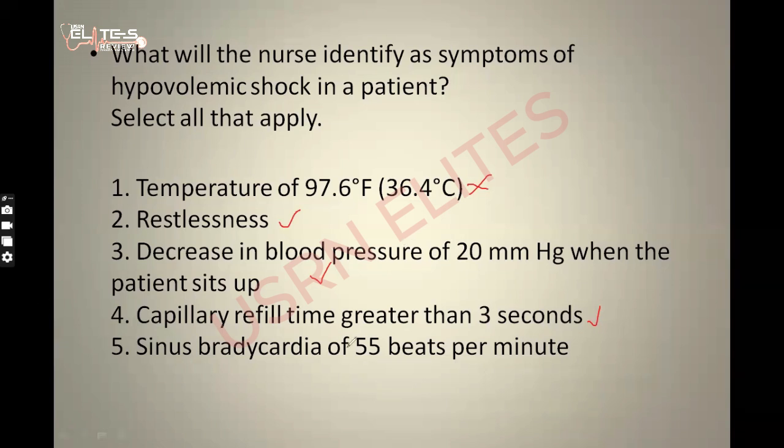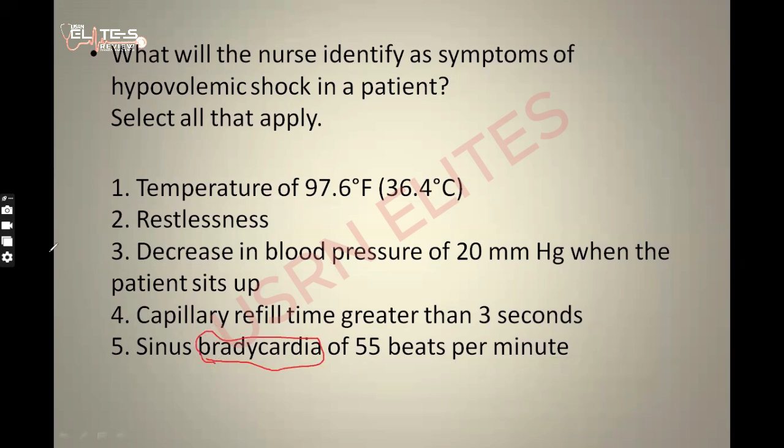Then the last one, sinus bradycardia of 55 beats per minute. Is it true? There will be tachycardia instead. Borderline. Good. So this is not part of it, right? Yes, it's not part. So we have 2, 3, 4. Please, I hope we all understand why there will be tachycardia instead of bradycardia.